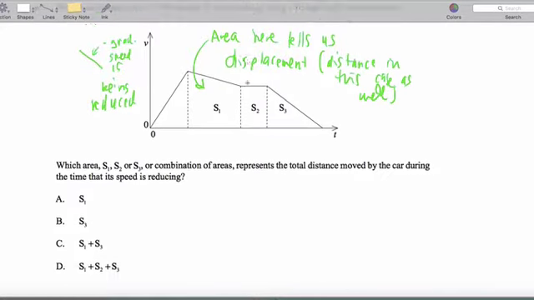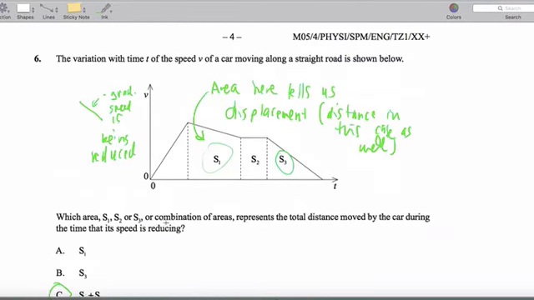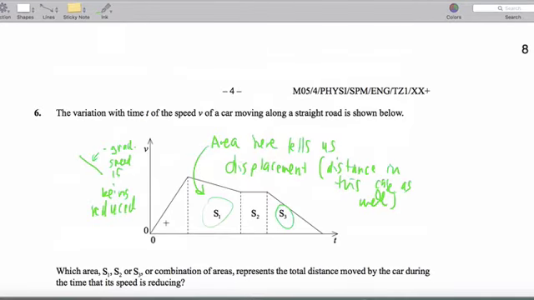So what that gives us for the area, region 1 and region 3 represent reducing speed. So that is choice C. Alright, so that is questions 4, 5, and 6.